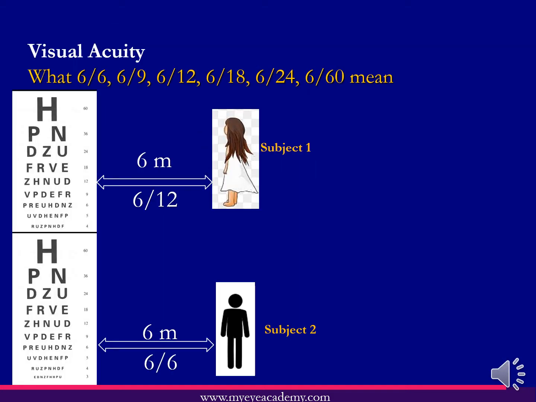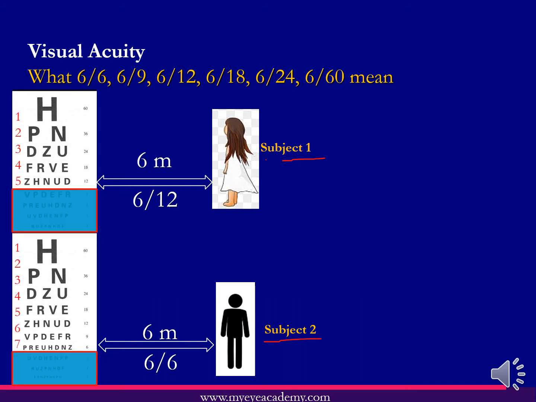Visual acuity or the form sense is measured in numbers as 6/6, 6/9, 6/12 and so on. We measure the visual acuity with the help of the Snellen's chart, which is at the left hand of the slide. In this slide, we have two subjects, subject 1 and subject 2. Subject 1 can see the 5 lines and is labeled to have visual acuity of 6/12, while subject 2 has visual acuity of 6/6.